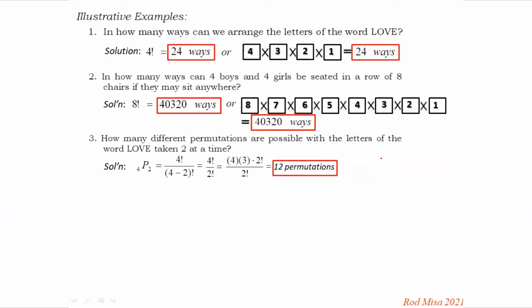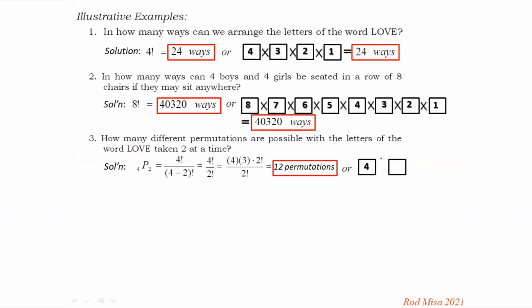If you arrange 2 letters at a time from the word love, we can still use our fundamental principle of counting here by creating 2 boxes. The first box is for the first letter and the second box for the second letter. And out of the 4 letters of the word love, I can choose any of them. So that's why we have 4 choices in the first position.